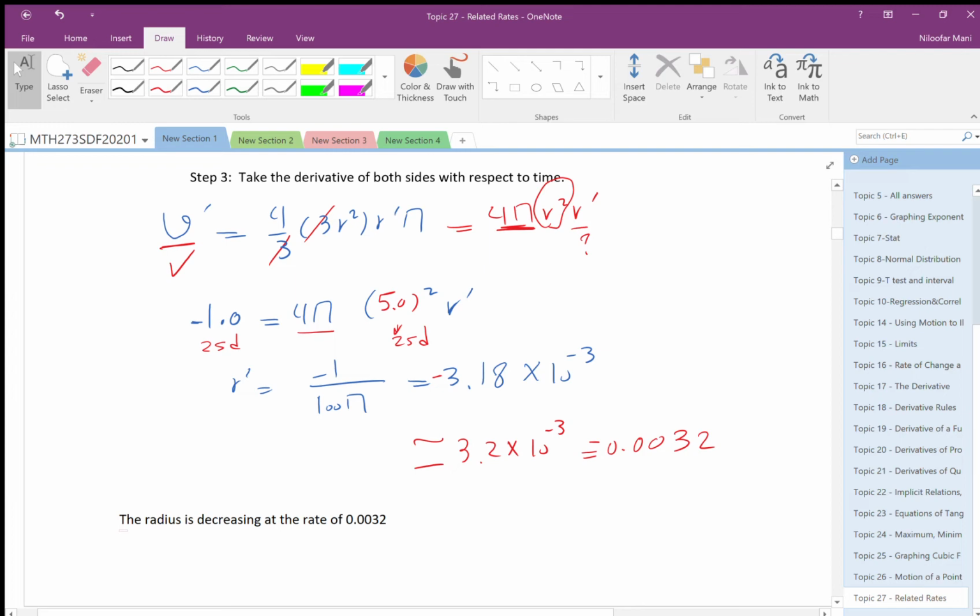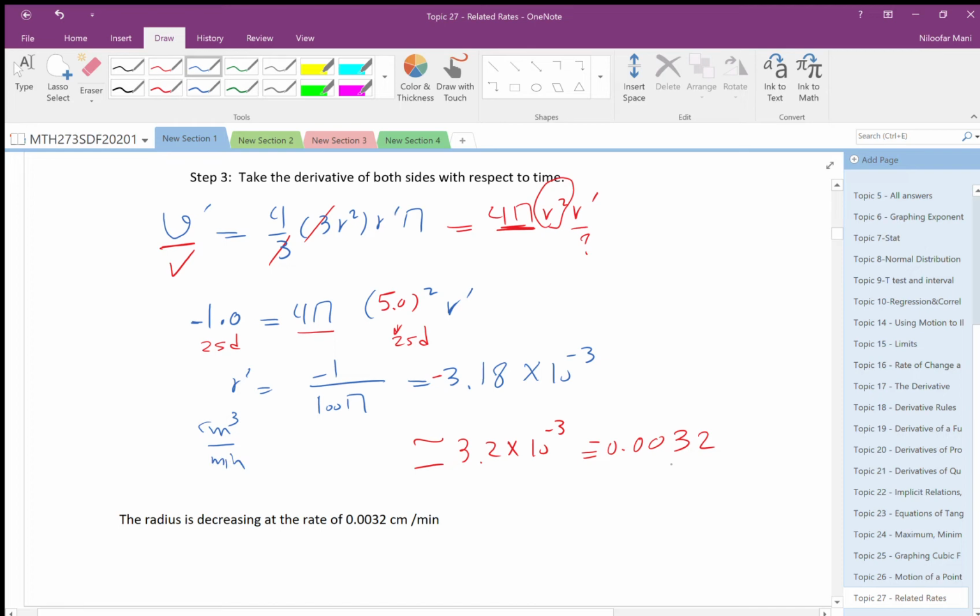I need to say centimeter per minute. Make sure to add the unit. Very important. This is changing centimeter cubed per minute.